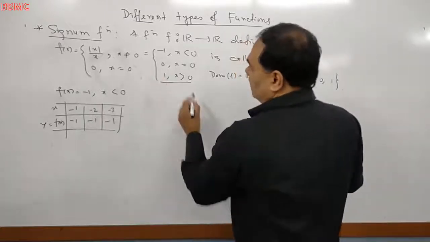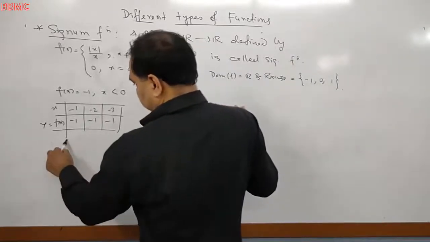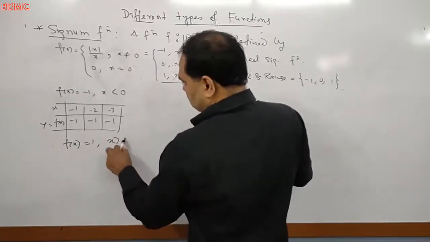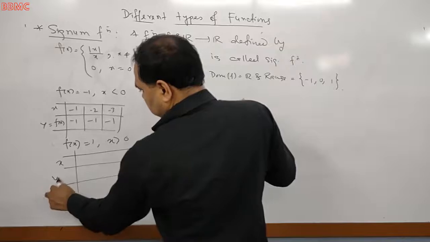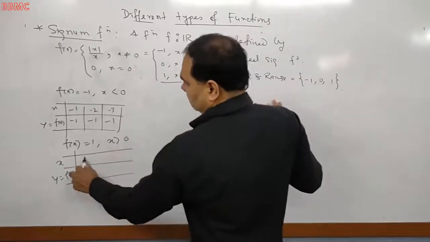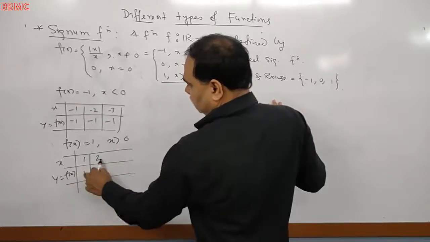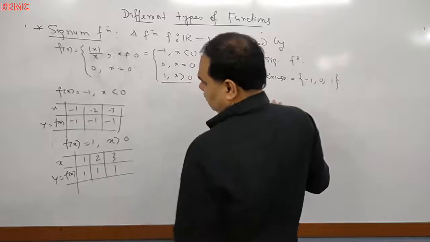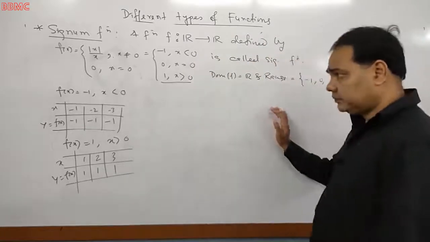Similarly f(x) is equal to 1, x greater than 0: x, y is equal to f(x), so 1, 1; 2, 1; 3, 1, like that.